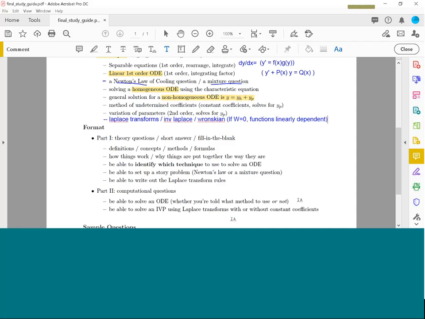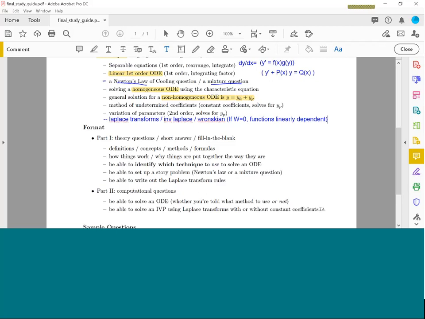And some of them you might be told what method to use. Some of them you might not be told what method to use. If you're not told what method to use, this would probably be some sort of matching problem in an online format where you would have to decide, hey, is this one separable? Is this one linear? Do I have to use Laplace transforms here? Could I use variation of parameters here? That sort of thing.